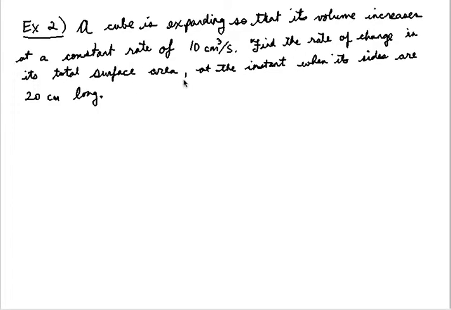We're given some initial conditions here. We know that the time that we're interested in is when the sides are 20 centimeters long. And we're also given another variable, the volume of this cube, and the volume is changing at 10 centimeters cubed per second, so that looks like a dV/dt.